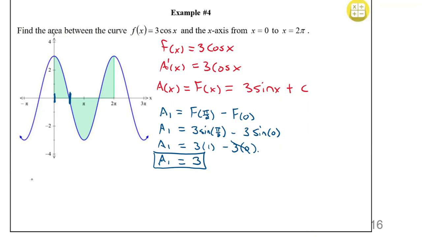So then area 2 would be, now I'm going to go from here to here. Let's find this middle section. So that would be the antiderivative at 3 pi over 2 minus F of pi over 2.